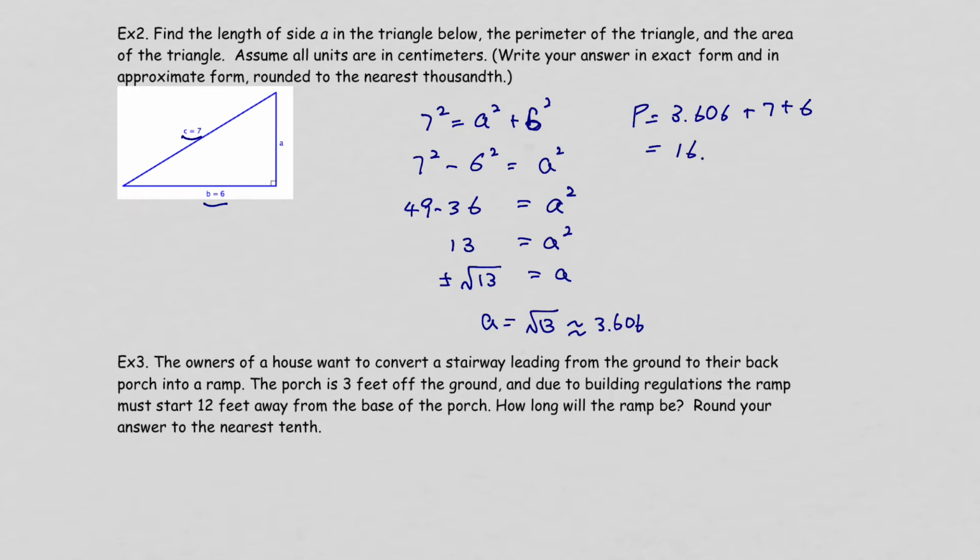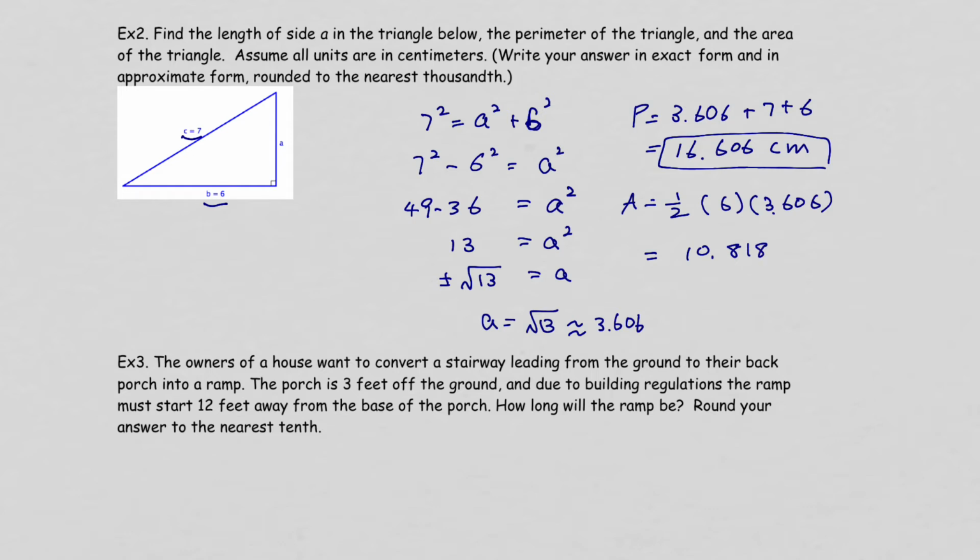You get 16.606 centimeters, a single unit, because you just add them up. Your area now is going to be 1/2 times 6 times 3.606, which is going to be 10.818 square centimeters.